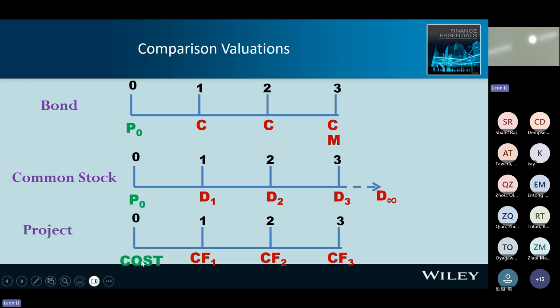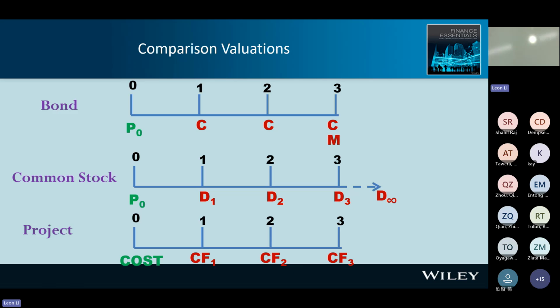And we can bring all the future cash flow to today. Then we have NPV. NPV is the present value of future cash flow minus cost. This is the NPV. I hope students you have the timeline in your mind.